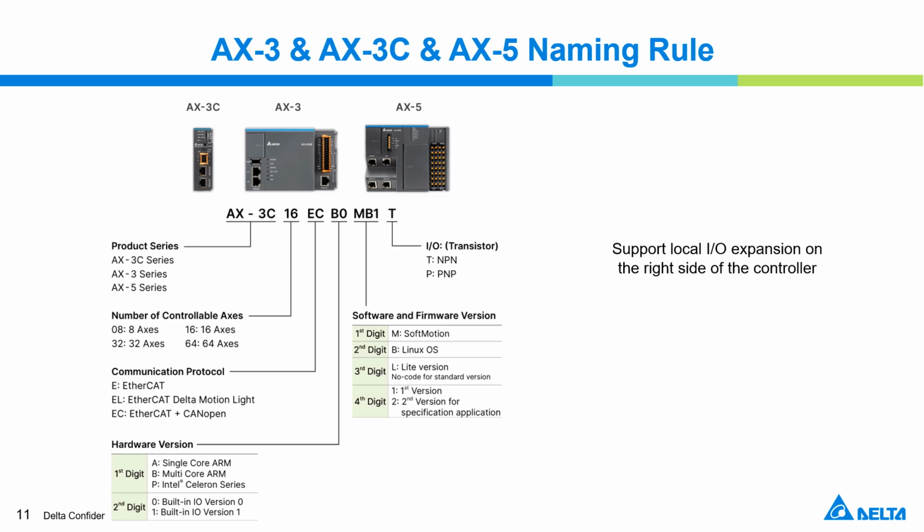It cannot support advanced motion functions. It just controls the axis to move to a fixed position or run at a constant speed, like the control mode PP, profile position mode, or PV, profile velocity mode.